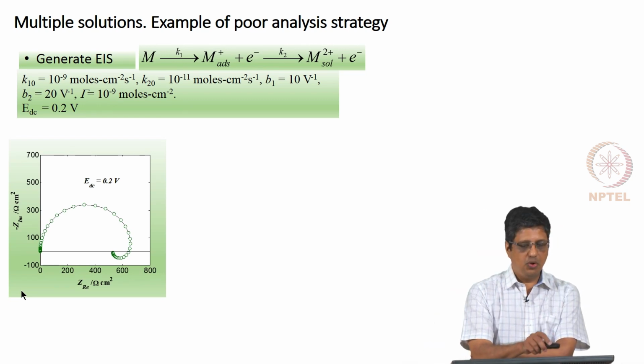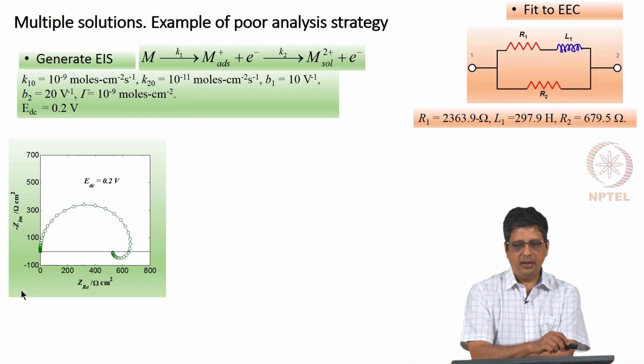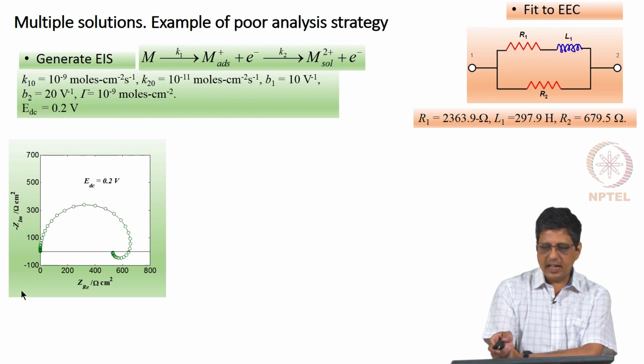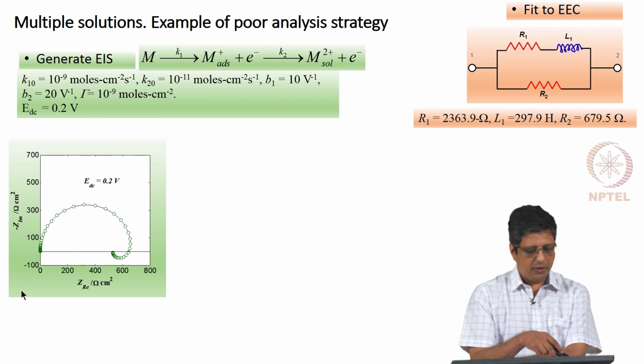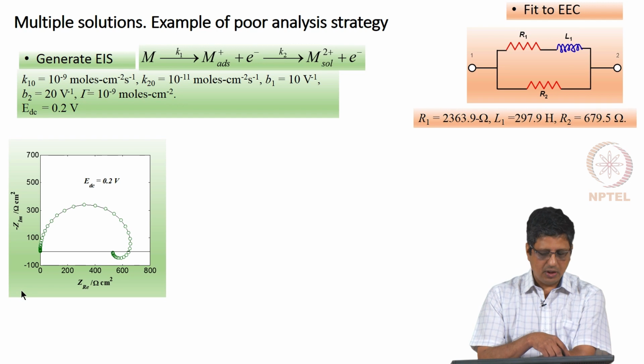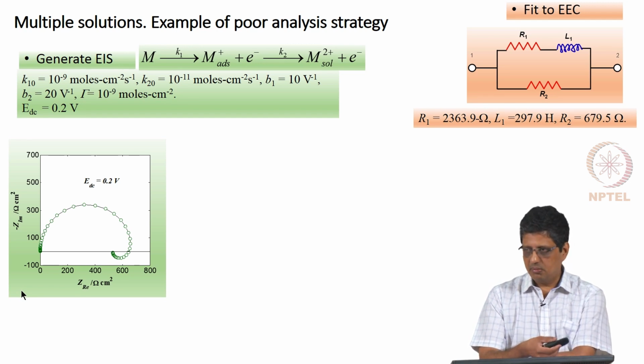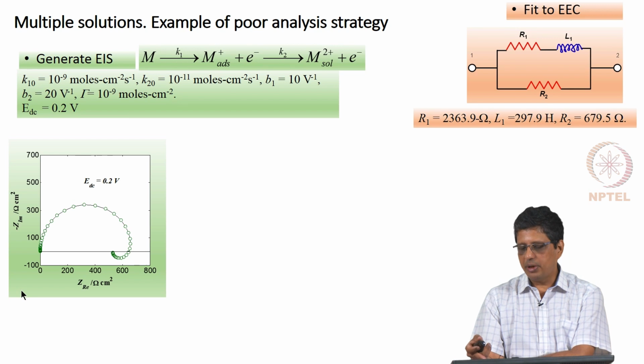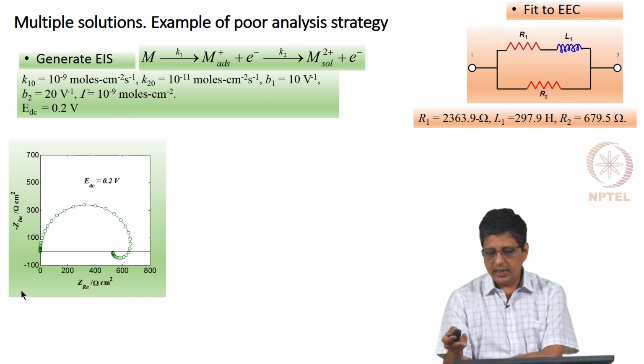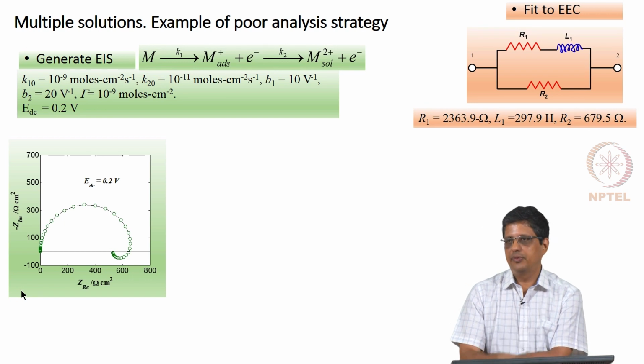It gives an inductive loop for these kinetic parameters, and I can model the Faraday component. Of course, I have used a solution resistance of 0. I have used some double layer capacitance, I do not remember what that is, but let us say that we have modeled it to a circuit and I have taken only the Faraday component. I get values for resistance, inductance and another resistance here.